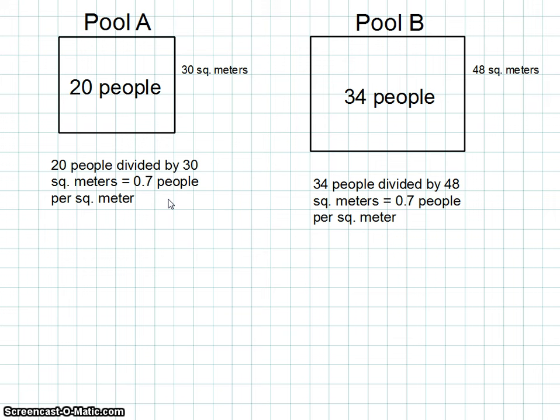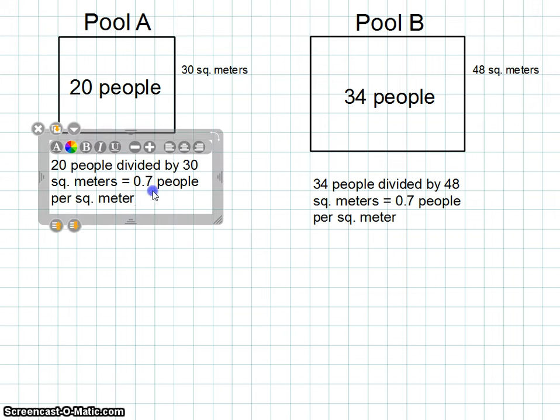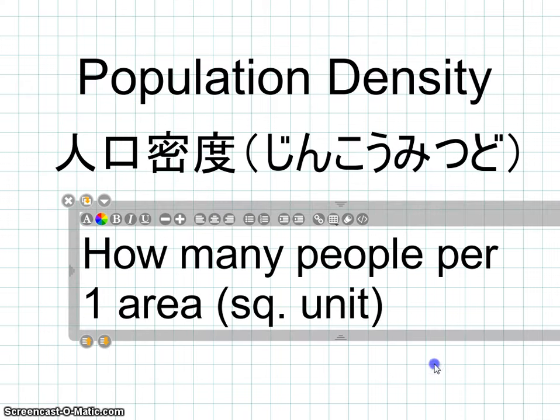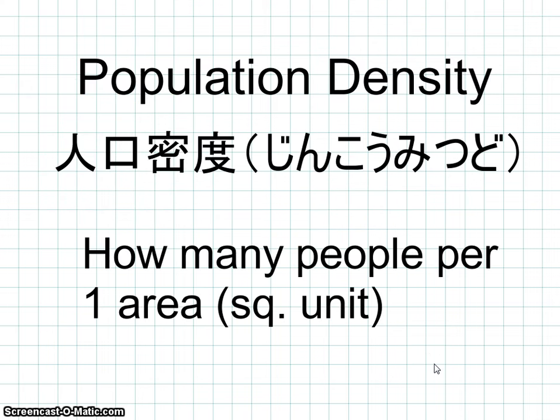When we did that, we basically found out, right? Like if you look at it here, how many people there were going to be per square meter. Now I'm just going to go back to the previous screen, okay? And we said, when we're talking about population density, we're talking about how many people per one area, like square unit, right?